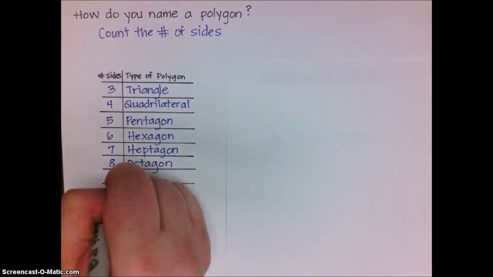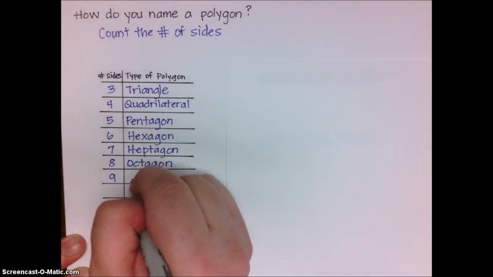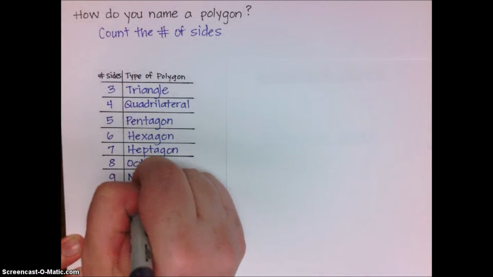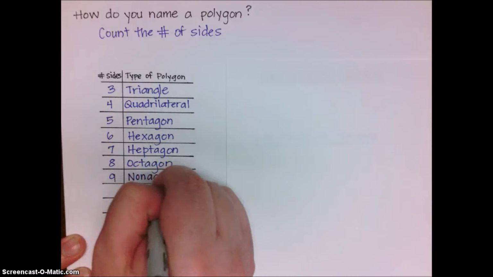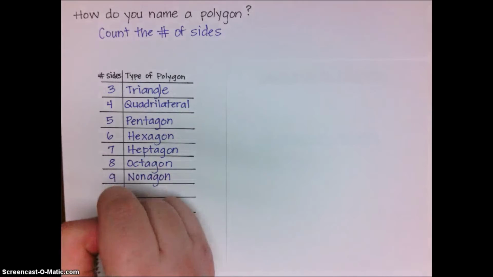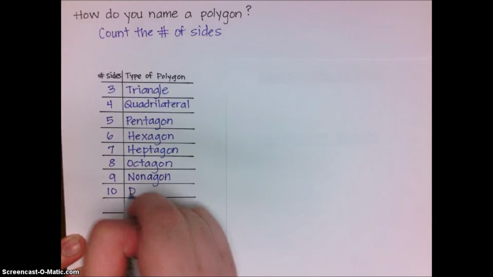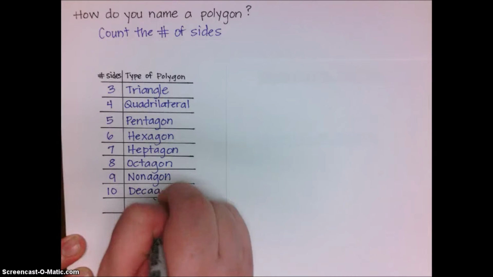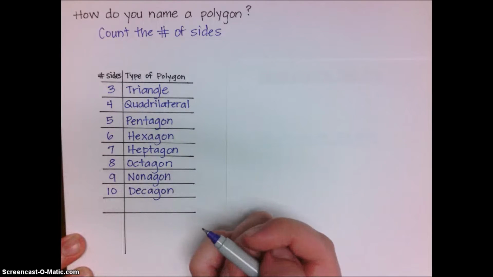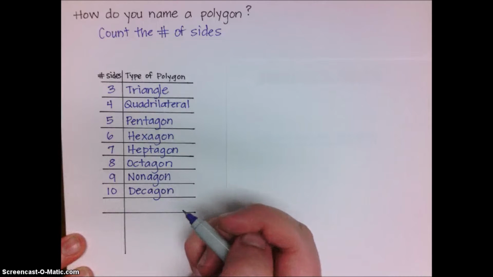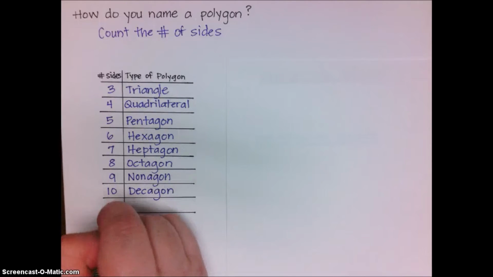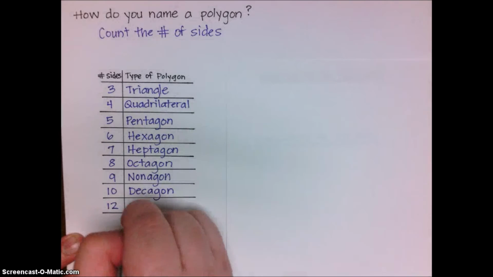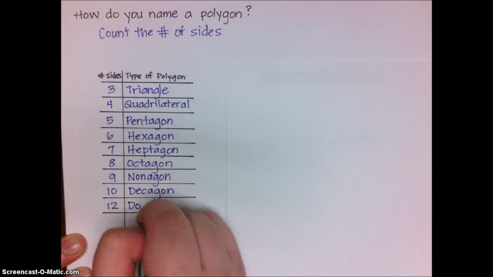A 9-sided polygon is a nonagon. If it has 10 sides, we call it a decagon. We don't really have a name for an 11-sided polygon, but one with 12 sides is a dodecagon.